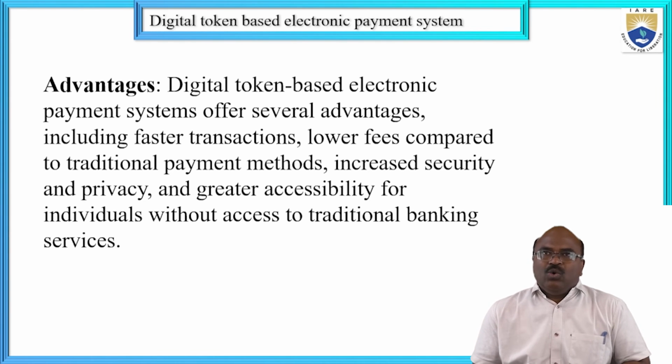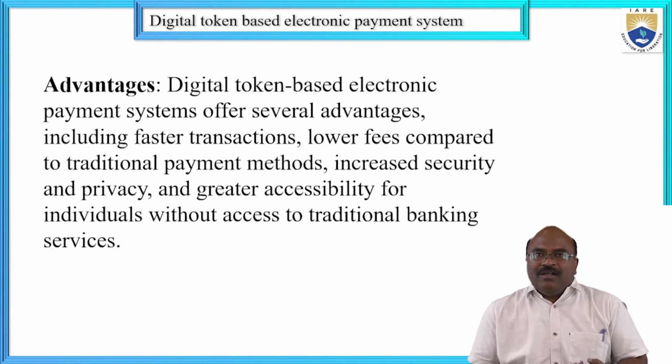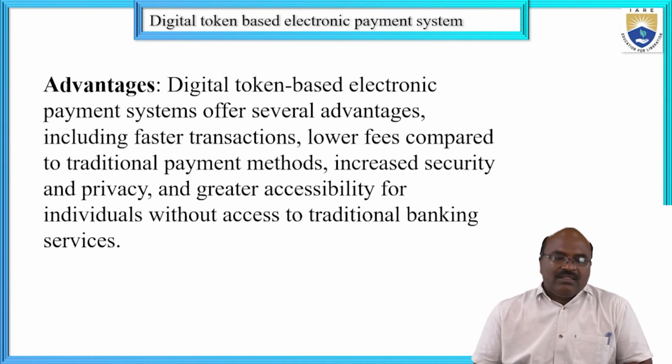Your operation doesn't involve physical access, so in that sense you can complete your task in less time. So the digital token based electronic payment system is very helpful because of these advantages.